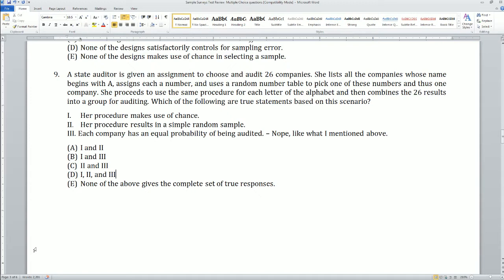Remember, the basic definition of SRS is that everyone has an equal chance. So since everyone, she put a list of all those names. Oh, just kidding. So it wouldn't be true because she puts all the companies whose names begin with an A. Correct. So she's doing what? Stratifying it, right? So two would be wrong.